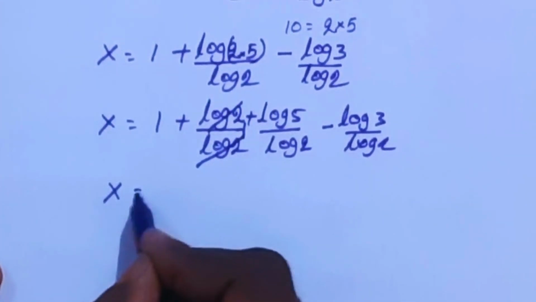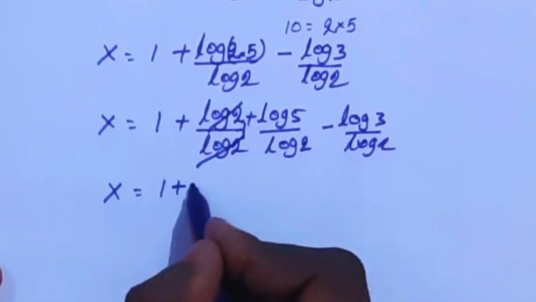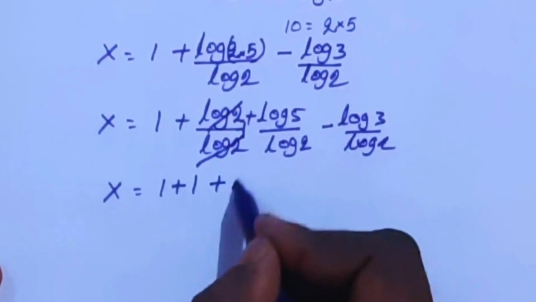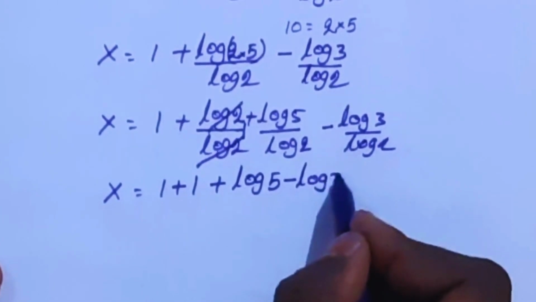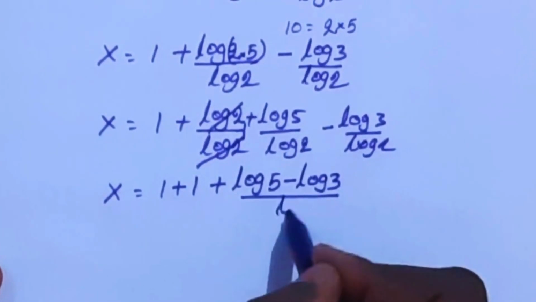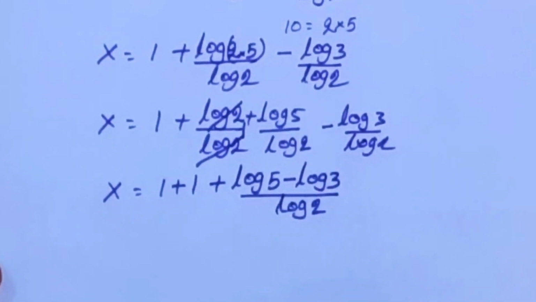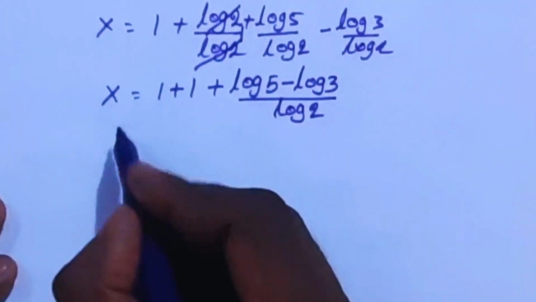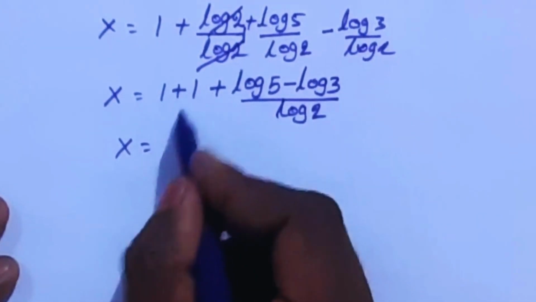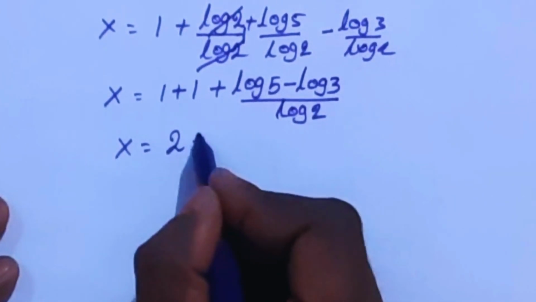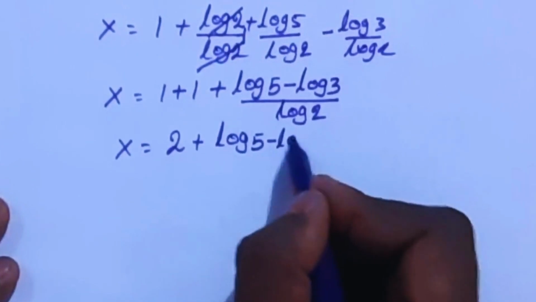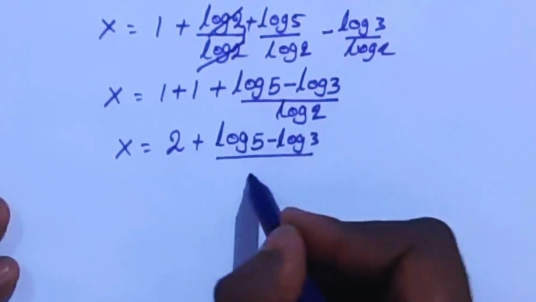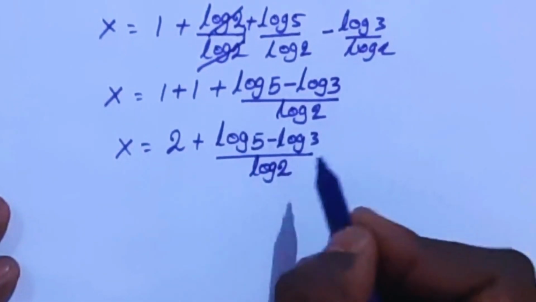So x equal to 1 plus this 1 plus log 5 minus log 3 by this log 2. Now x equal to 1 plus 1 is 2 plus log 5 minus log 3 by log 2.